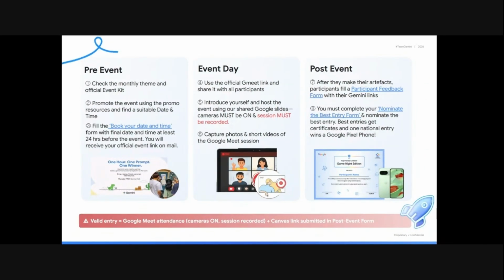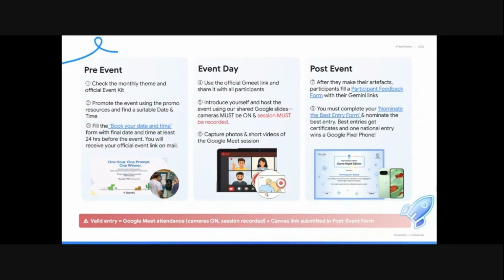So what will happen is you have your meeting link, your first part of the task is done. Now you will tell all your participants to come for the meeting, right? I will also share the pre-event form with them well in advance because I want them to fill it in advance. So that is given here.